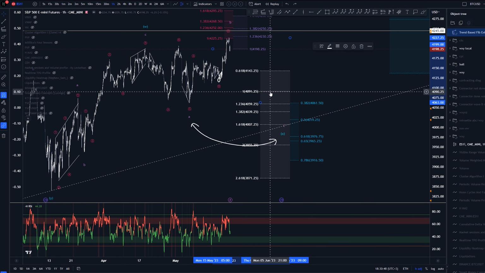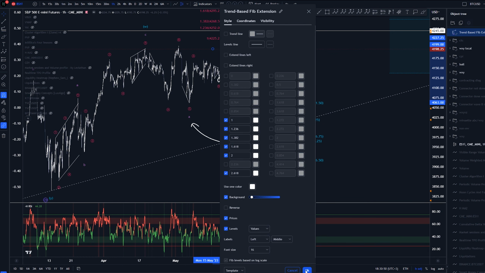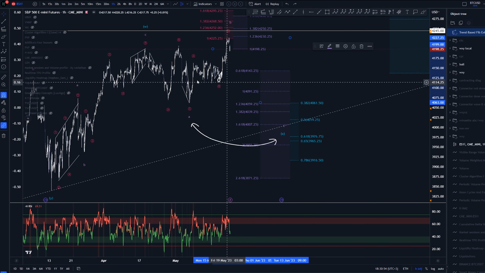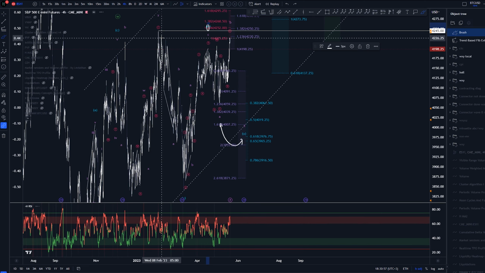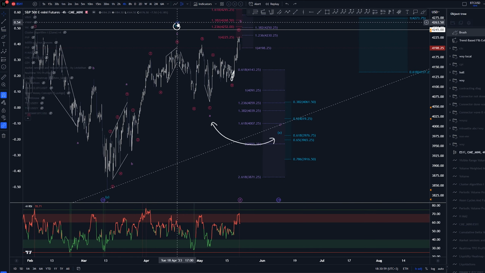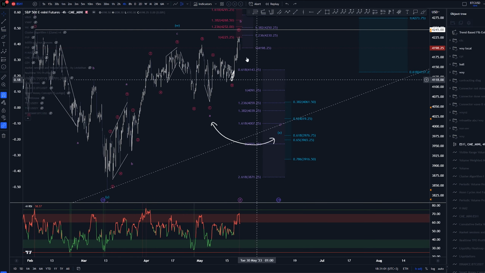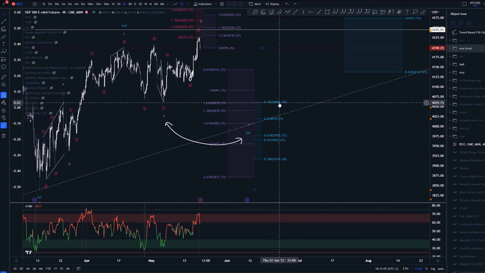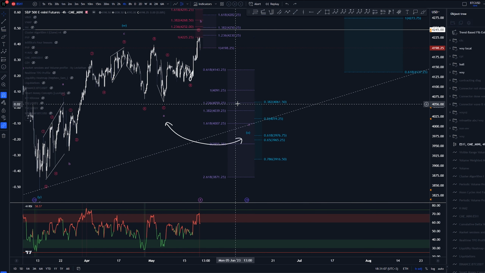So we need to determine which ones we actually want, having some kind of overlap with the retracement of this wave W here, and the extension of this ABC move. The first one, as mentioned, the 38.2, lines up very well.